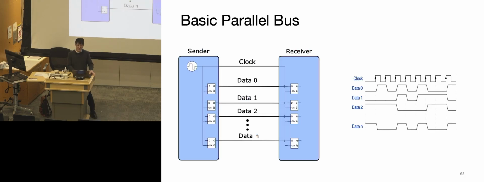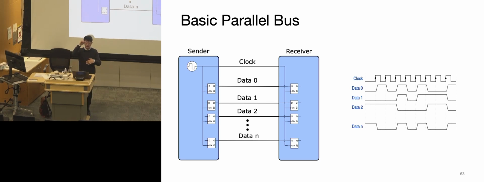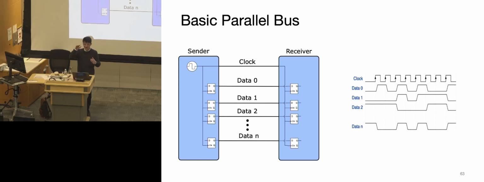And this is basically how it looks in a parallel bus. If you did take 370, just remember from the previous courses, it's essentially a bunch of D flip-flops put together in parallel, with one clock connected to all of them, and every clock we have an update on the data in parallel, so sending or reading.